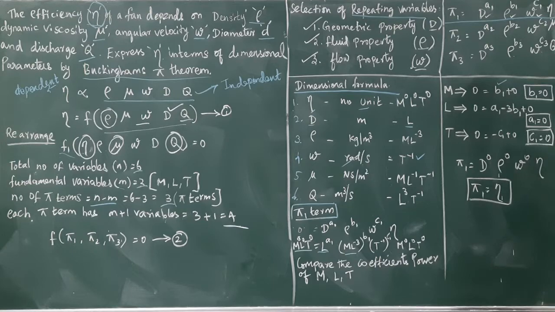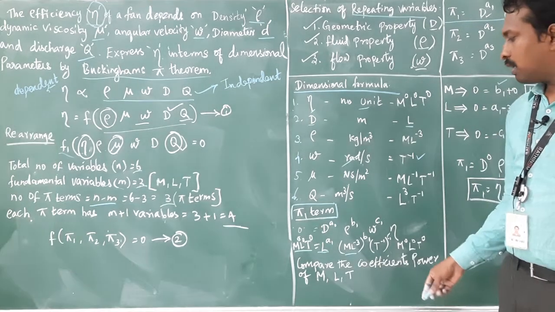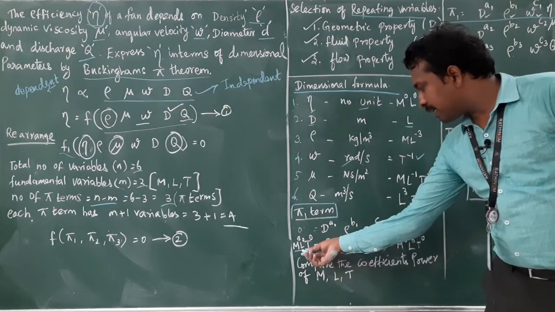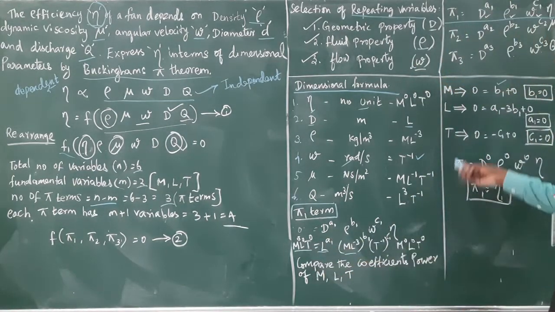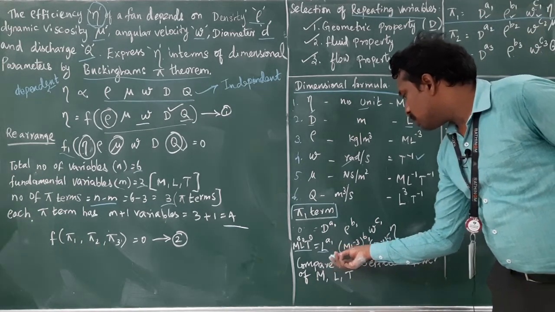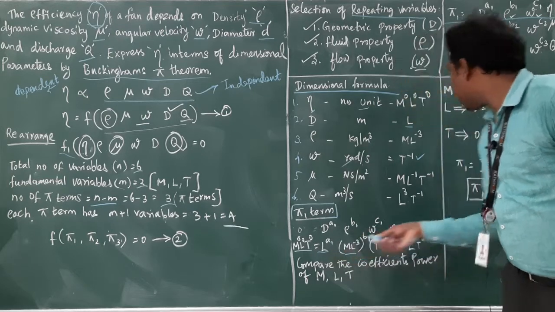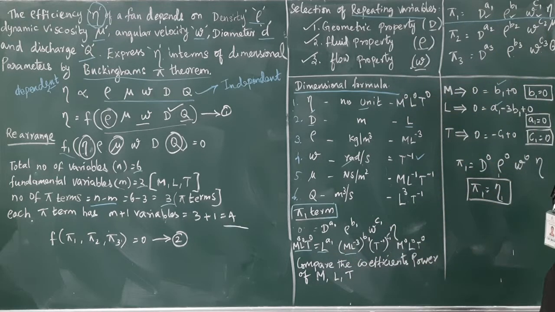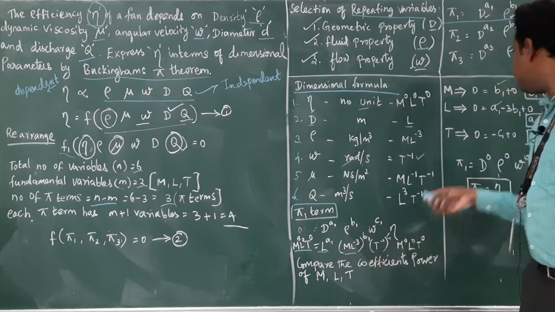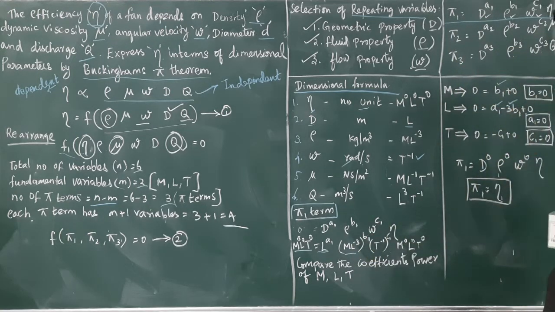Next term, comparing the power of L. Here the L power is 0. So, 0 equal to, here L power is a1. Next, here L power is minus 3 whole to the power of b, minus 3b.